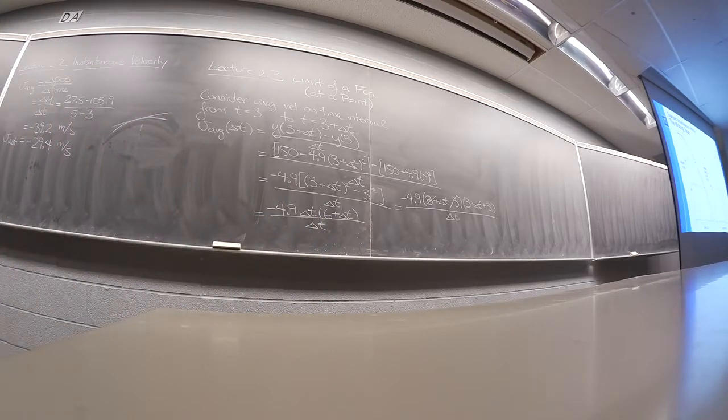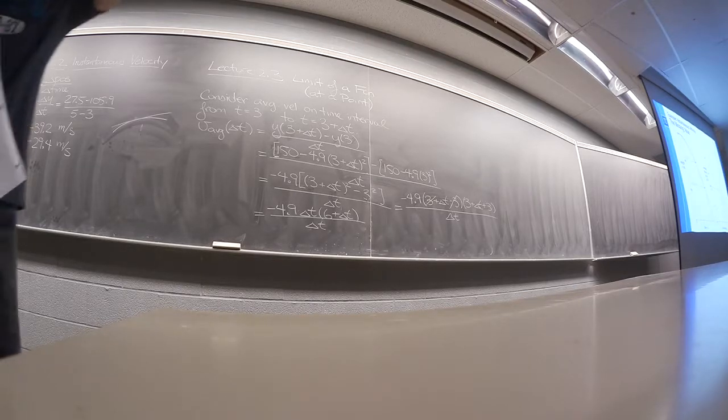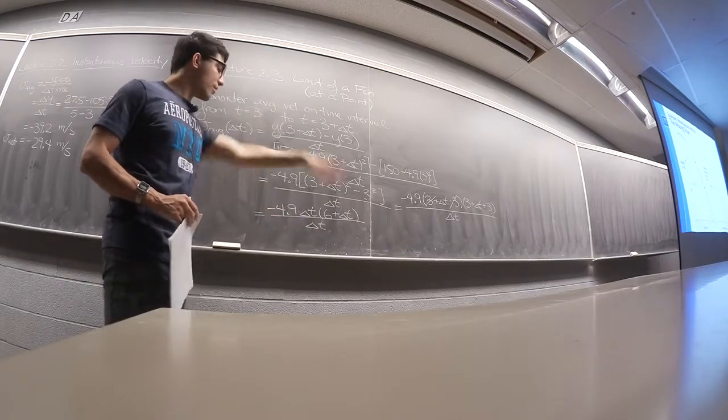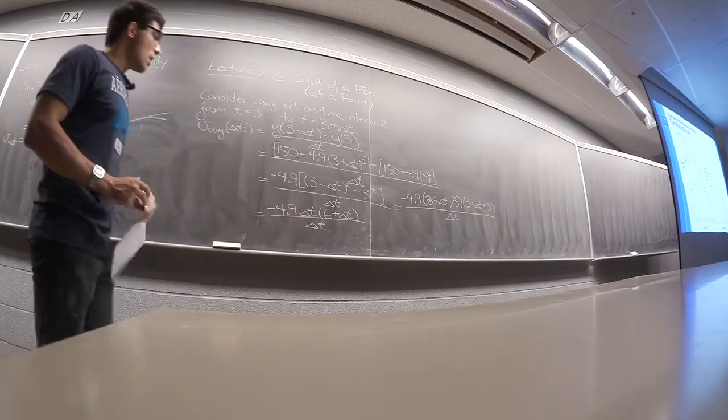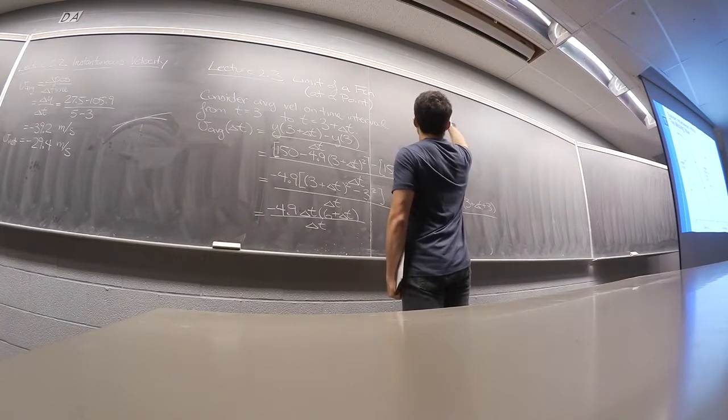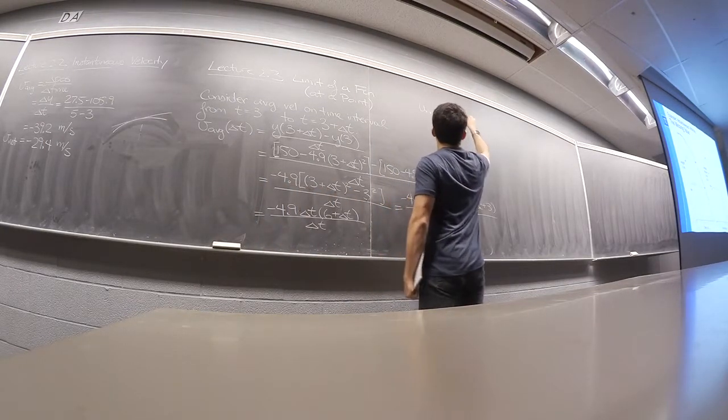Where is that not defined? Right, 0. You can't divide by 0, which is the problem we had there. That's why that hole's there. So this thing's domain is everywhere except for 0. That thing is undefined at 0.